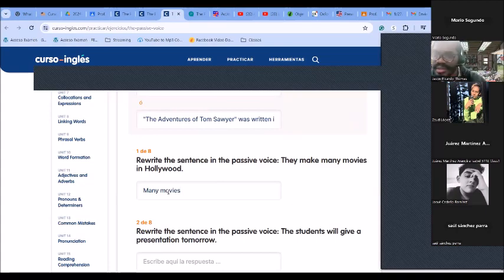Remember, it was subject, it becomes object. Many movies are made in Hollywood by them. Subject pronoun becomes object pronoun.